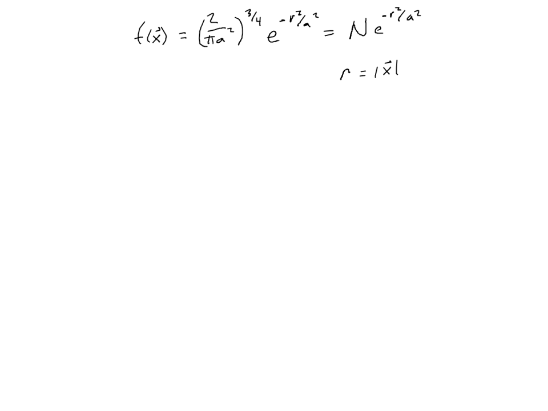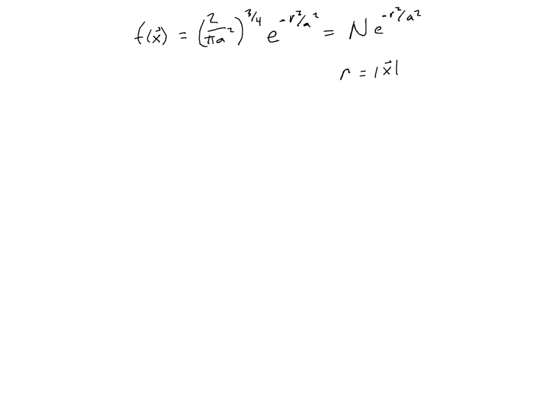And what happens here is that a is basically the width of the Gaussian distribution, so that if a gets larger, you got more of a spread. If a gets larger, then you would have a wider distribution, and if it goes the other way, it's a narrower distribution.